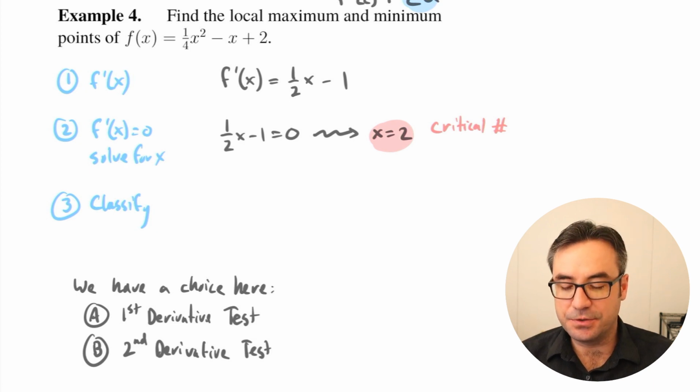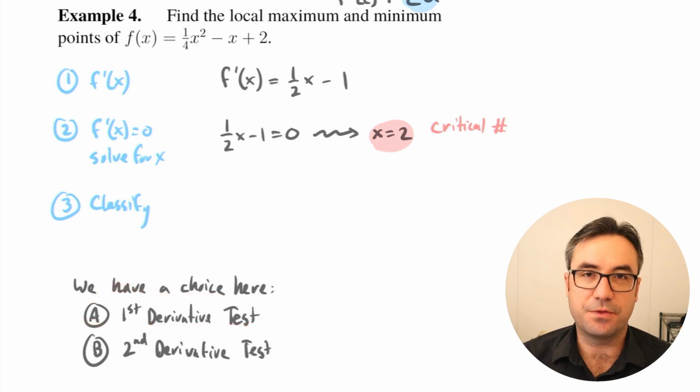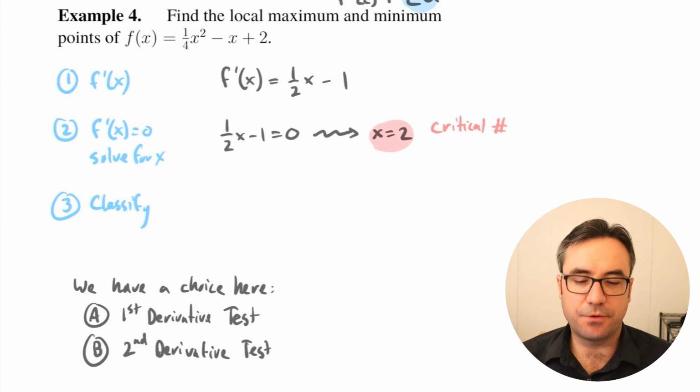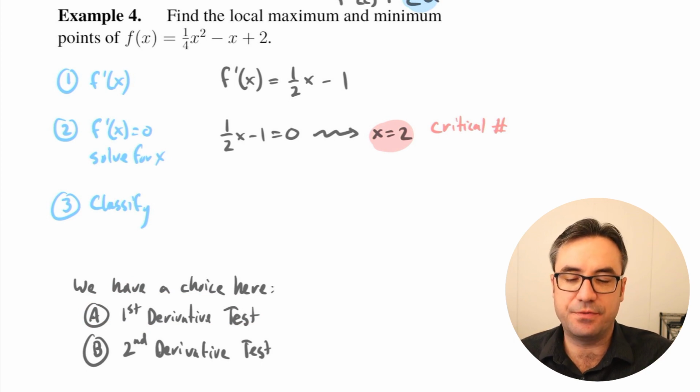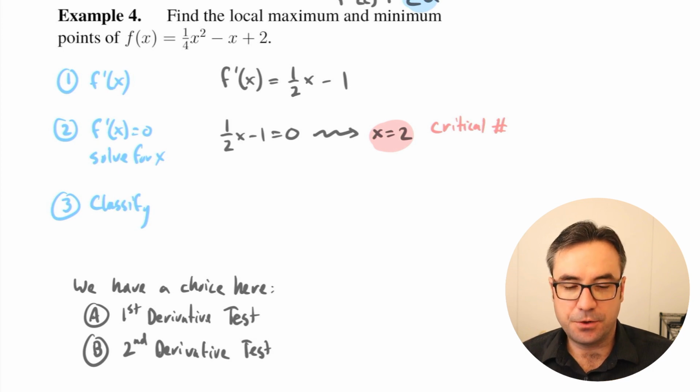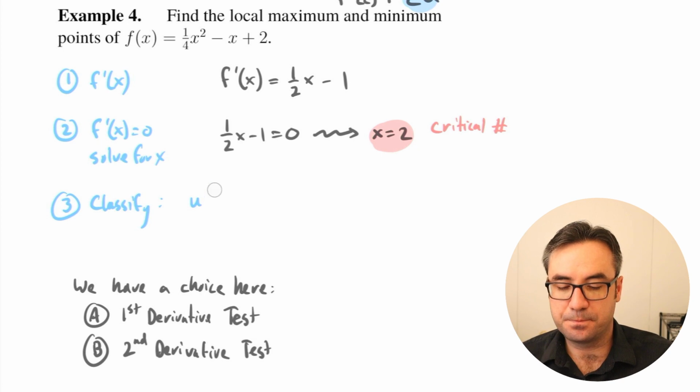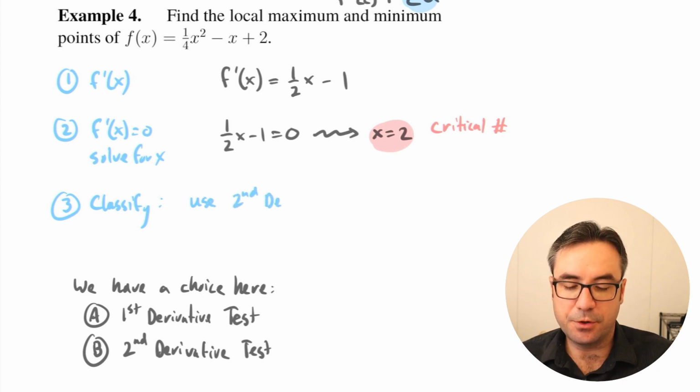And when it's inconclusive, you have to go with the first derivative test. So those are the two options here. For this one, though, we're going to use the second derivative test. So let's try that out. But we could have equally have done the first derivative test here.